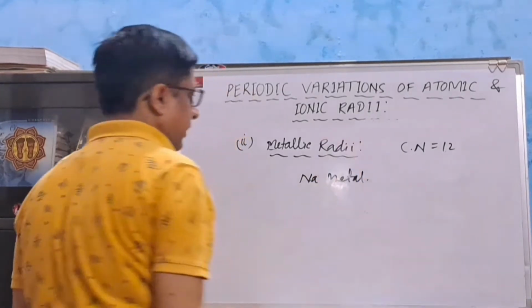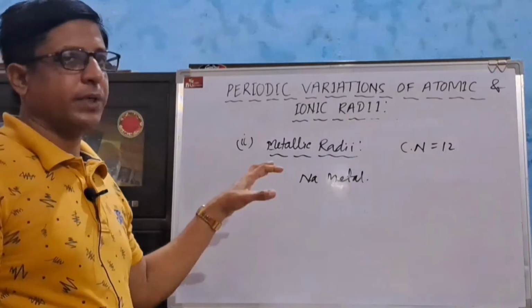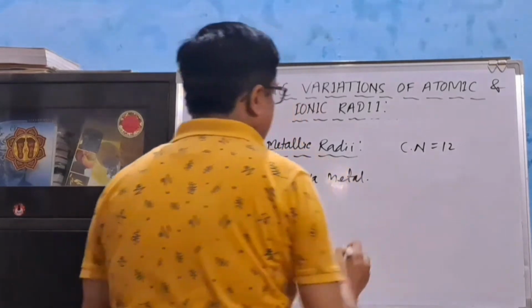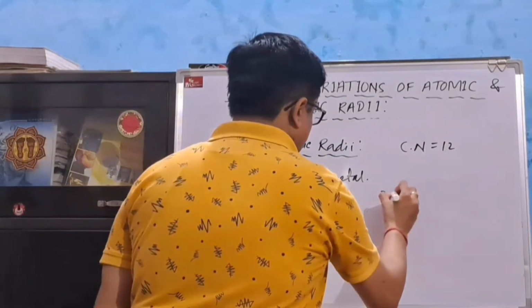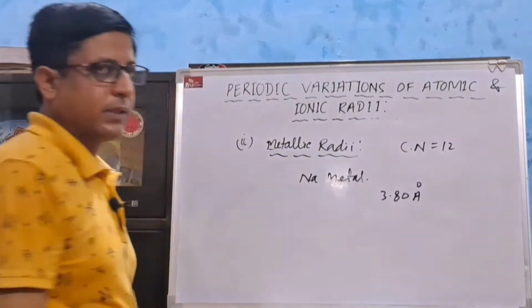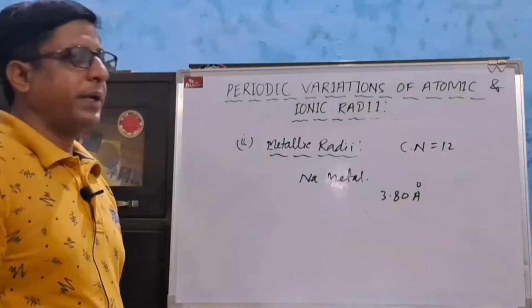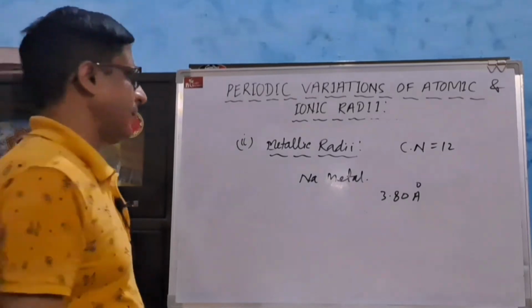For example, if we take sodium metal, then there is a crystal lattice of sodium, and the distance between two neighboring sodium atoms has been found to be equal to 3.80 angstrom. This is the internuclear distance between two neighboring sodium atoms in the sodium crystal lattice.